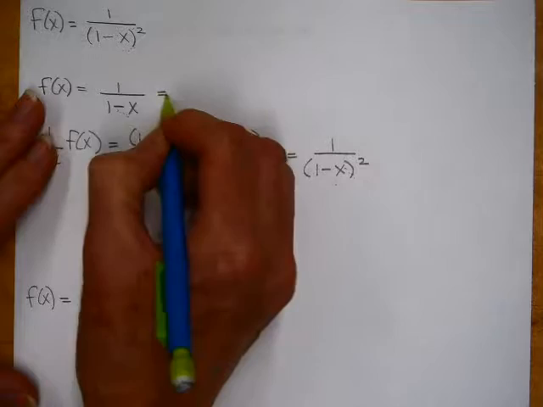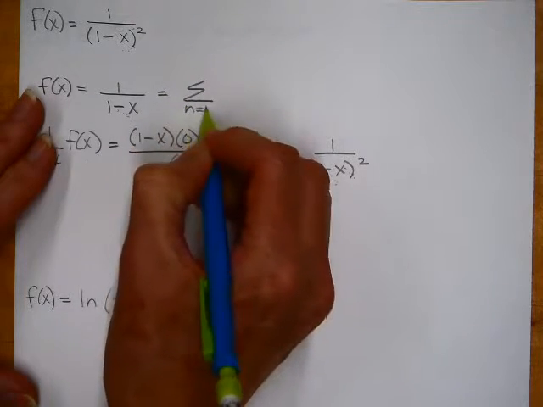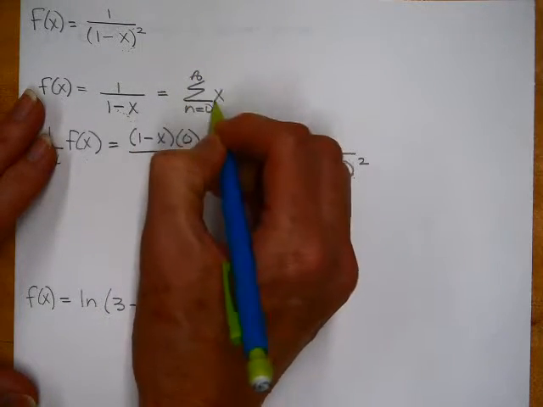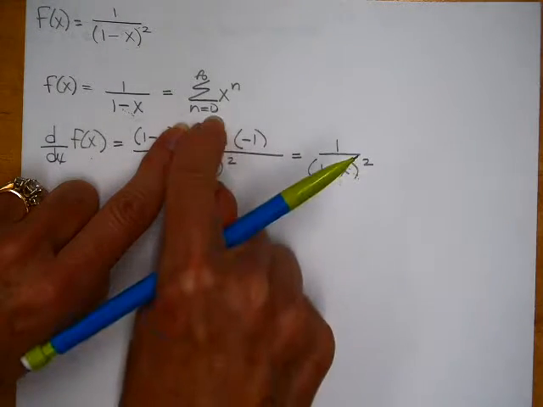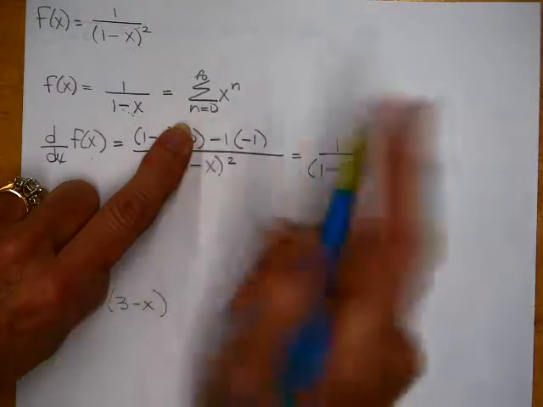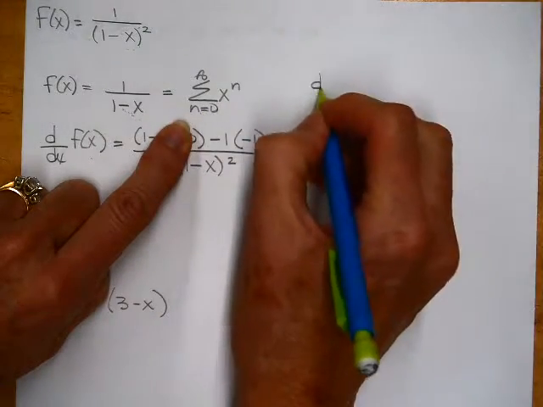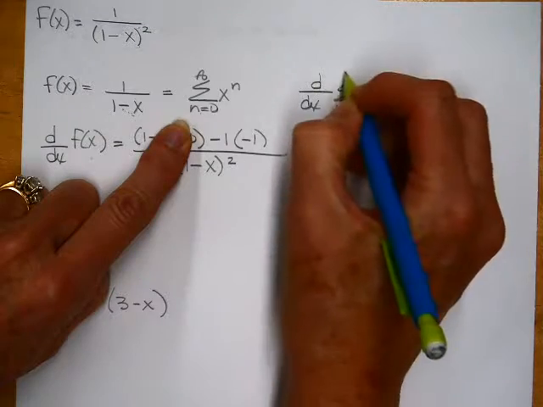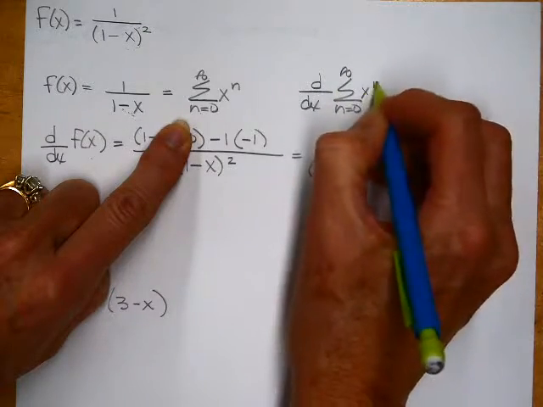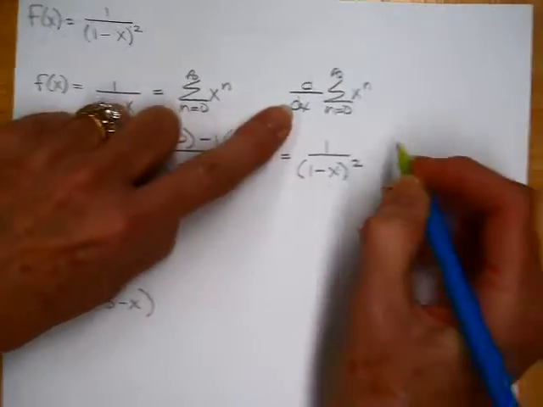So once I know the power series for this, which is this one, all I have to do to get the power series for this one is take the derivative of this. So taking the derivative of this power series with respect to x.